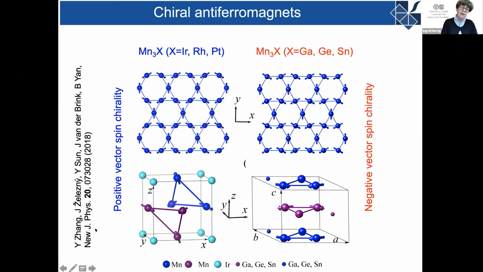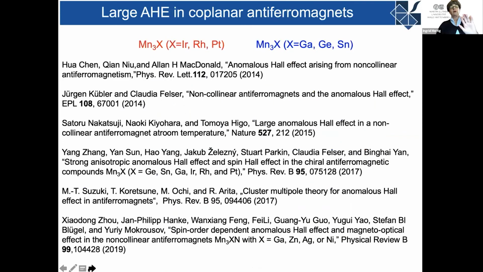Further on, I would like to consider the systems with positive vector spin chirality, and there is much work published on this. I would like to mention that Allan MacDonald's group published long ago a paper on such a system and predicted that there might be a large anomalous Hall effect in these systems.